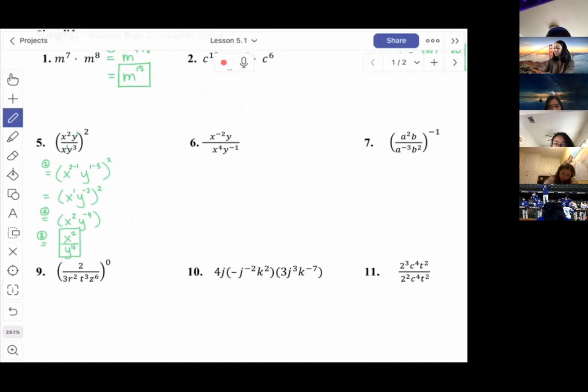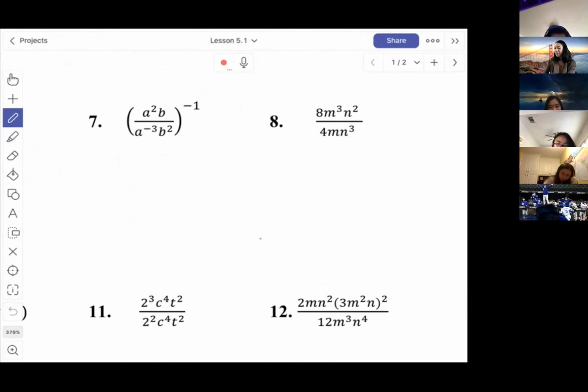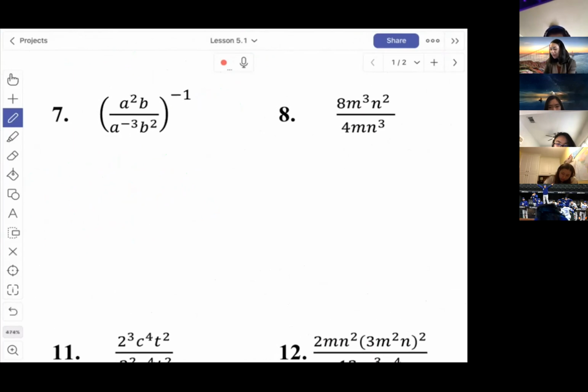All right, then number 7. Technically I would simplify the inside first, but that -1 on the outside is so simple to handle that I'm just going to do the reciprocal first using property number 6.